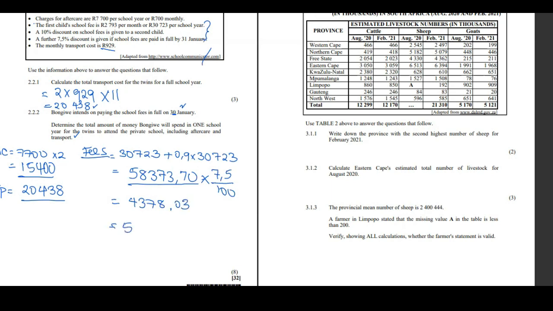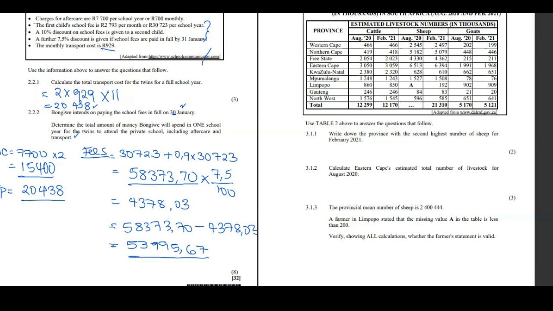So the total school fees will be this much minus the discount, which is 53,995 rands, 67 cents.